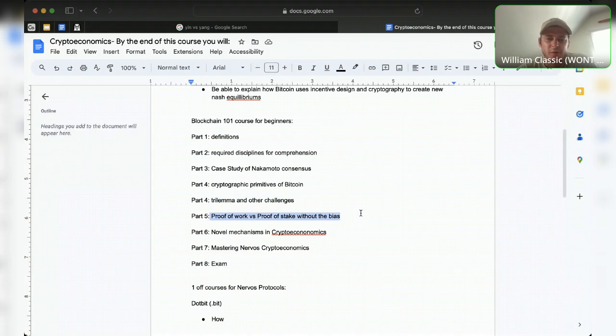Then proof of work versus proof of stake, just the major split besides the scaling wars, was the type of consensus that would secure the network.